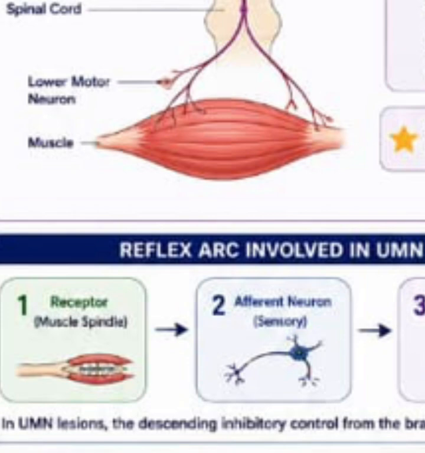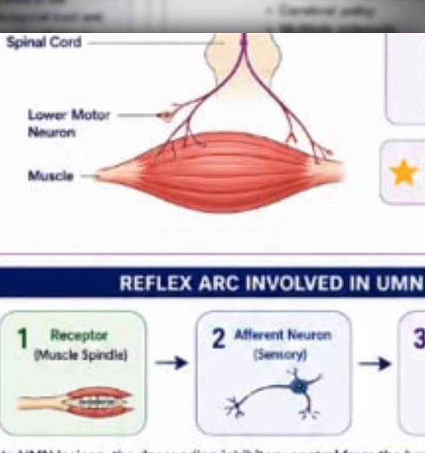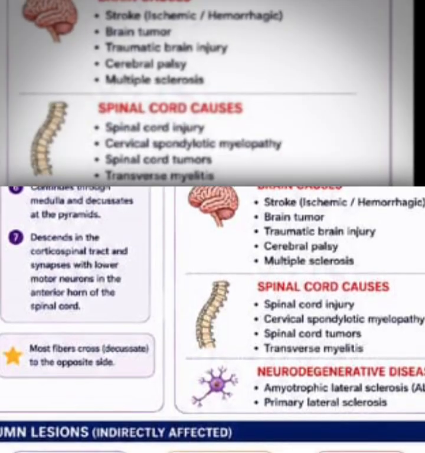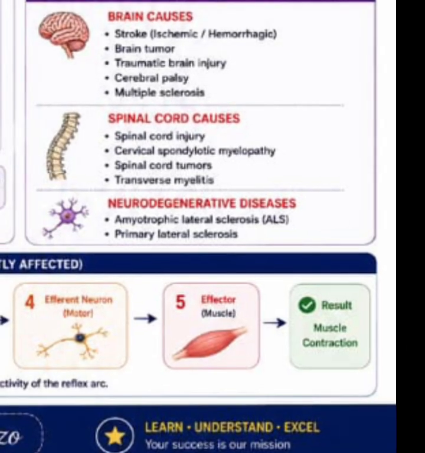The muscle spindles, which are receptors that carry proprioception, stimulate the afferent neurons, which are sensory, which stimulate the spinal cord, which is the integration center, and continue to the efferent neurons, which are the motor, and now give the effector, which causes the muscle to contract. Are you getting me now? So this produces what we call muscle contraction, and any part that is affected in this pathway will cause the muscle not to work again. So I hope I made sense now.